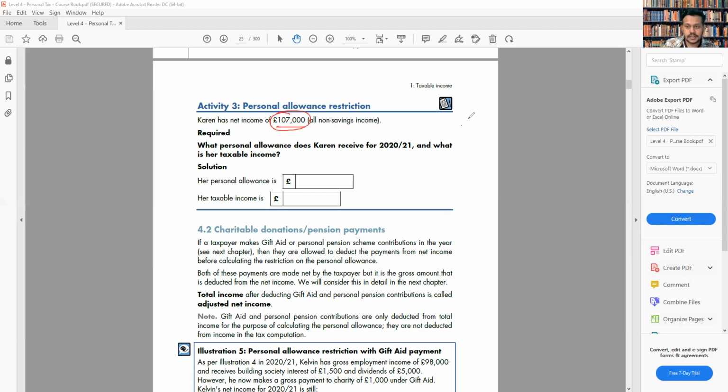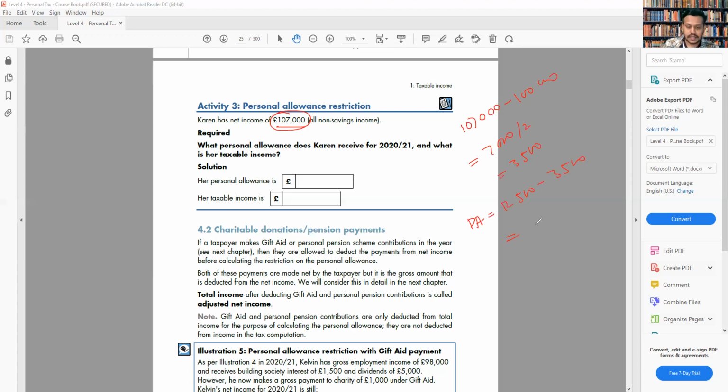We said 107,000 is the total net income. We minus 100,000, and the difference is 7,000. And this 7,000 we have to divide by 2. That is 3,500. And this 3,500 has to be minus from the personal allowance. So normally the personal allowance is 12,500 minus 3,500.